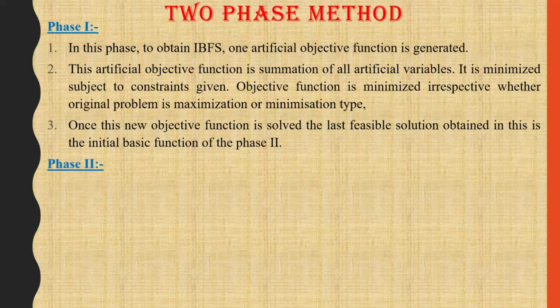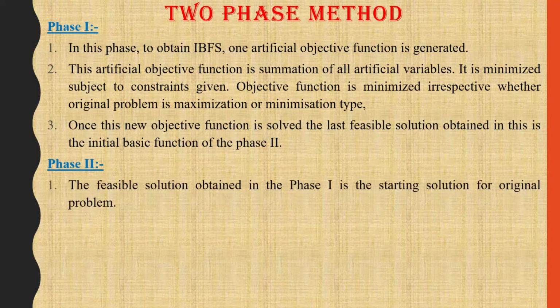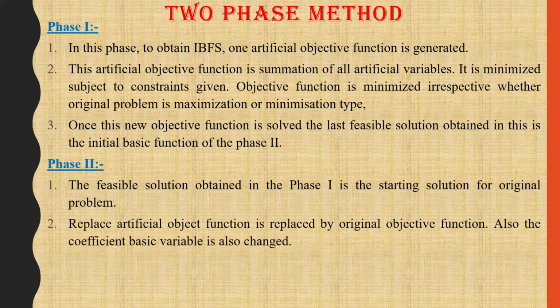Now we discuss the phase 2 steps. First point, the feasible solution obtained in phase 1 is the starting solution for the original problem. The artificial objective function is replaced by the original objective function. Also, the coefficients of the basic variables are changed.